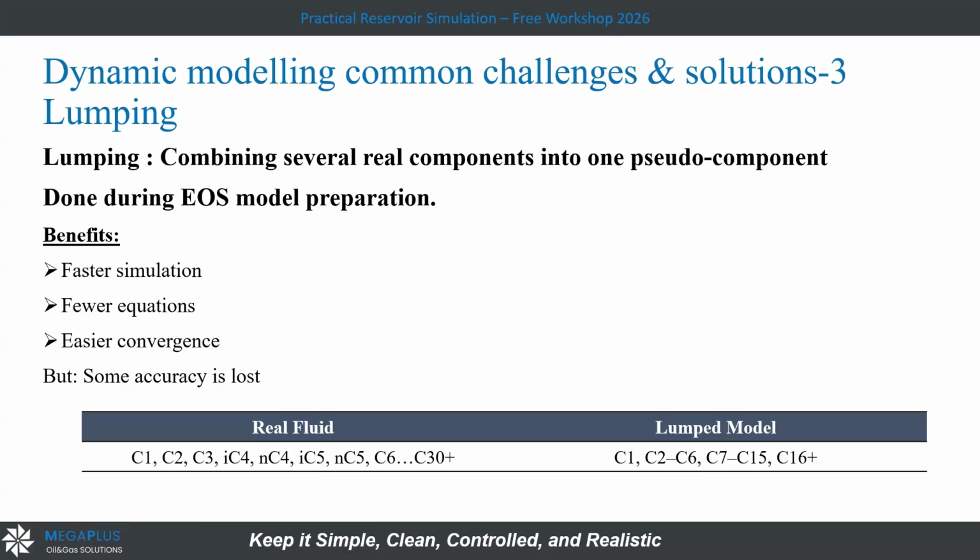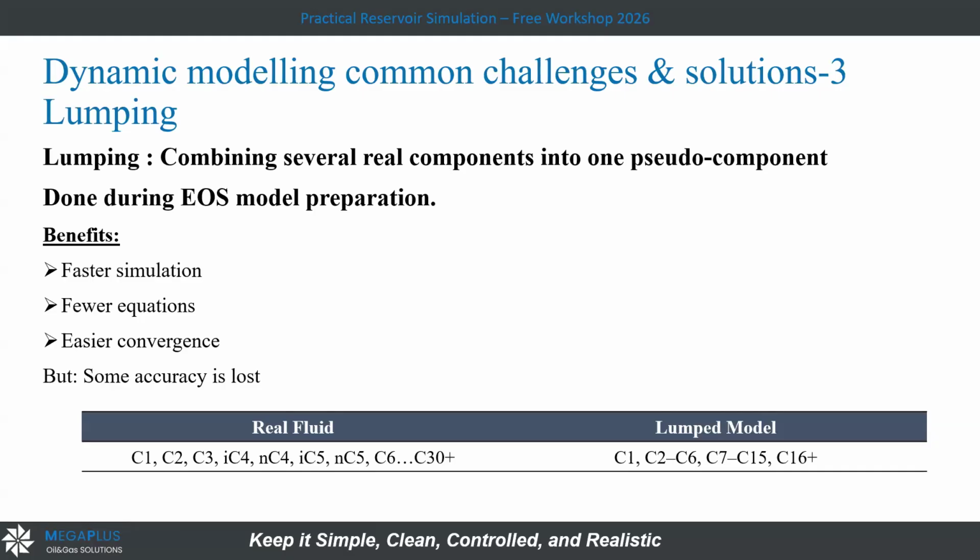The challenge here is to make it not lose accuracy. If you don't know what you are doing in lumping, sometimes you will face a challenge in the fluid behavior, where you will not mimic the real phase behavior change.